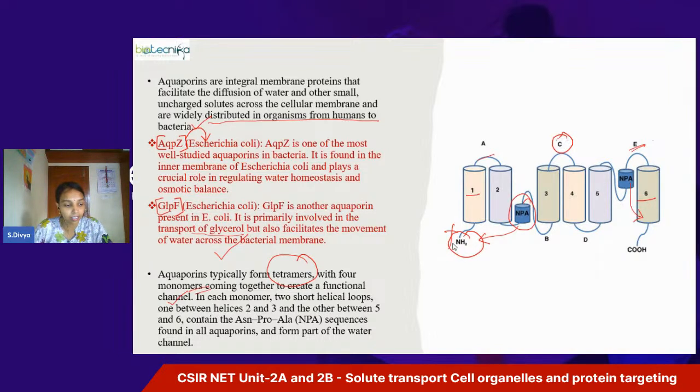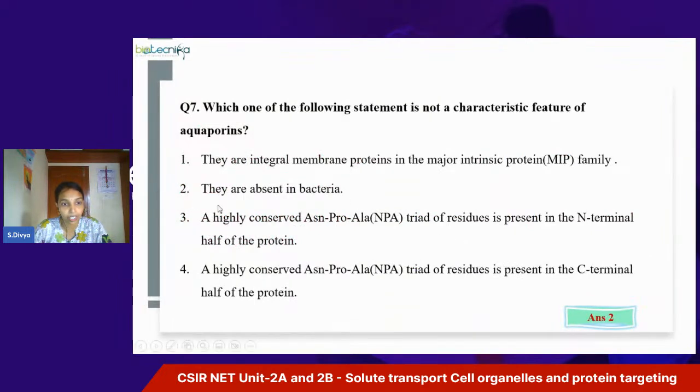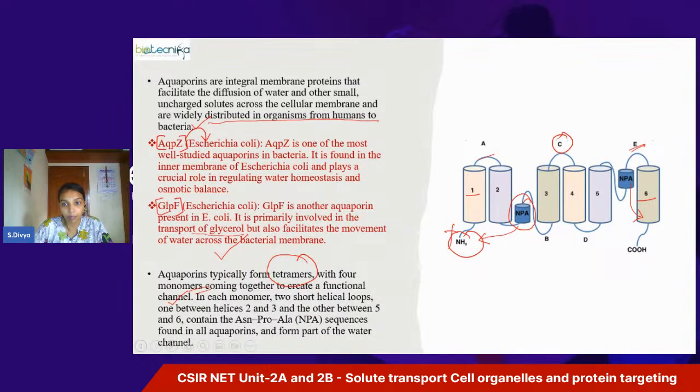That's the reason the statement is correct. A highly conserved NPA triad is present in the N-terminal half of the protein, and here in the C-terminal half of the protein. Obviously it is present, right? One NPA is present directly in the C-terminal, and another is present in a loop near the N-terminus. So we can easily opt for this answer.